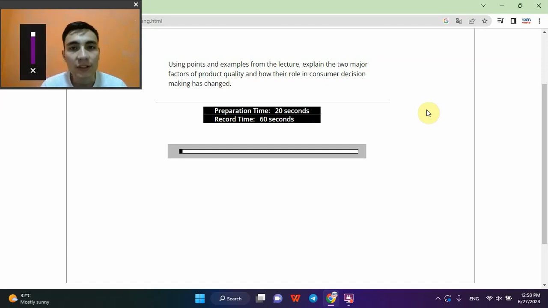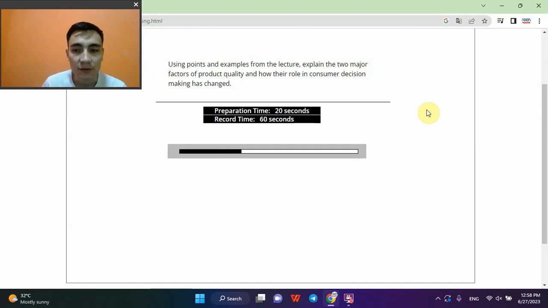For example, you're going to purchase something which has the same price, so the thing that you have to look at is the quality, since they have the same price. So what do you mean by quality? So we look at the reliability as well as the features. So when we say reliable, it should work the way it should work, while with the features, what are present in the product.